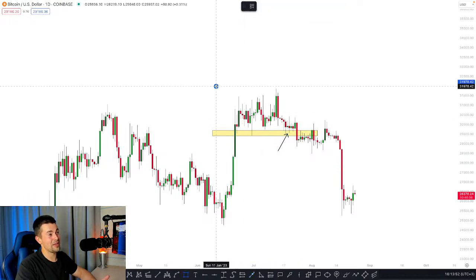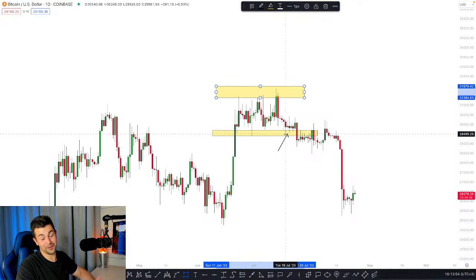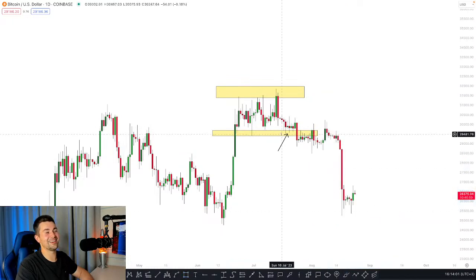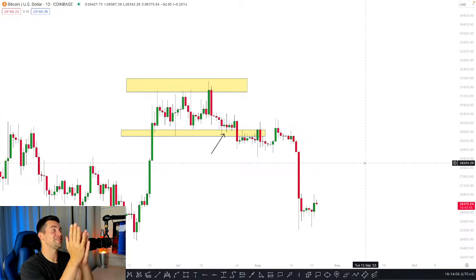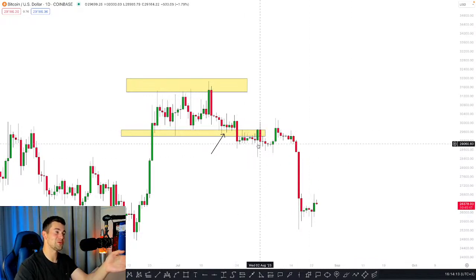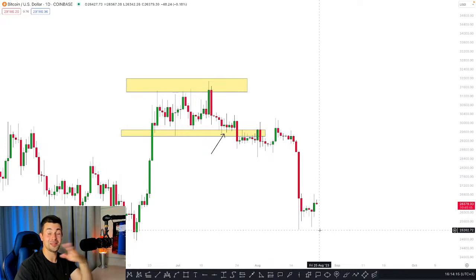From that perspective, it was quite a safe point to buy from. And then immediately, man, after like 1 hour, the market violated the support of the range. Then we were trading below the support of the range, and then we dropped. So, it's like a meme.